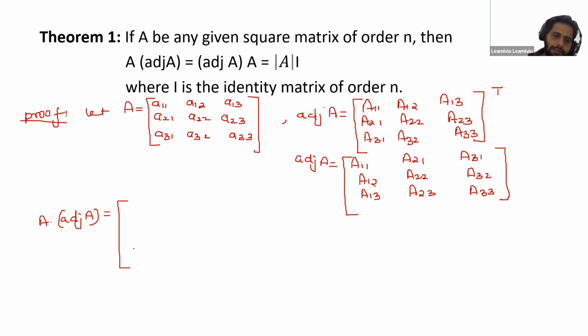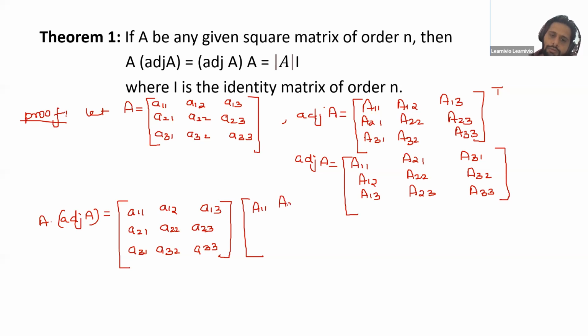We have the matrix A: A11, A12, A13, A21, A22, A23, A31, A32, A33, into this one: A11, A21, A31, A12, A22, A32, A13, A23, and A33. Now we will check what answer we get if we multiply this.